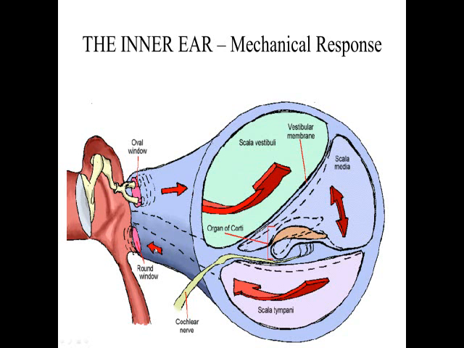So given the alternating regions of high pressure and low pressure that you should recall from the first basic terminology lecture, that is to say alternating regions of condensation and rarefaction in a waveform and in the way the air particles are set into motion by the vibrating source, those alternating regions of high pressure and low pressure will alternately push the stapes footplate into the oval window and then pull it back out again.